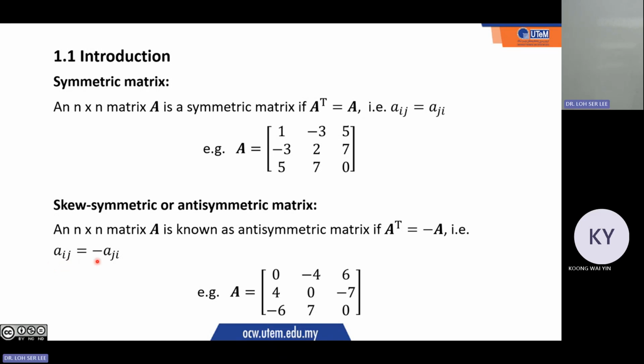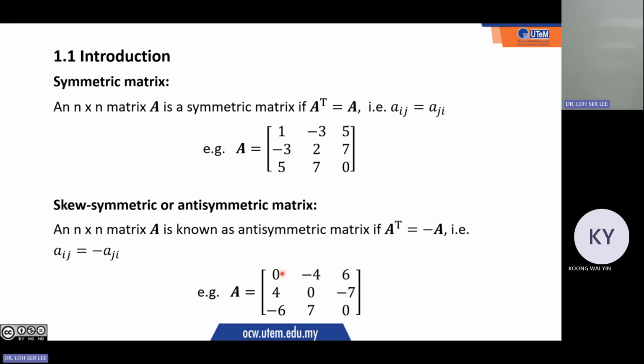This means Aij equals -Aji. For example, this entry is A12 and this is A21, so A12 equals -A21. It fits, it satisfies this. And the diagonal entries must be 0. Why? Because it has to satisfy this.